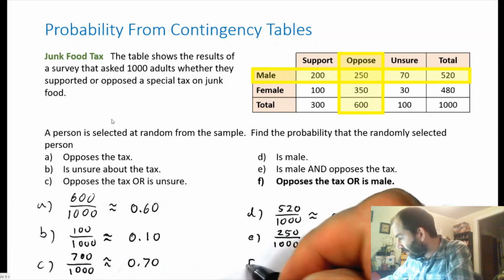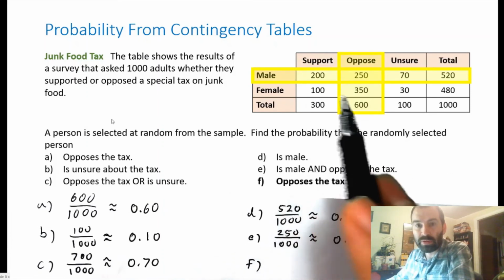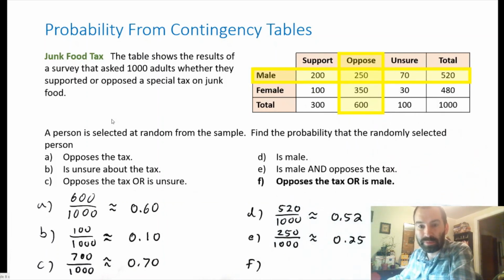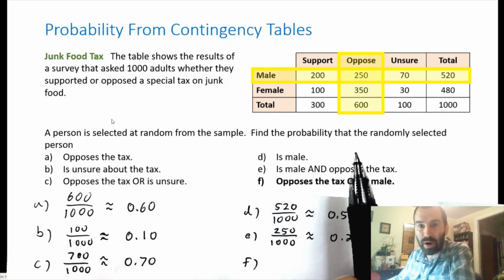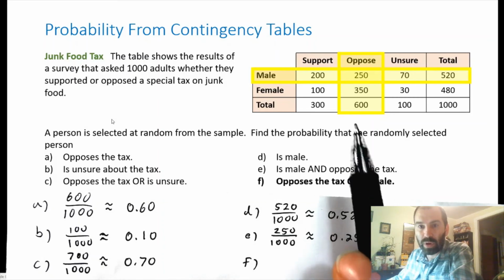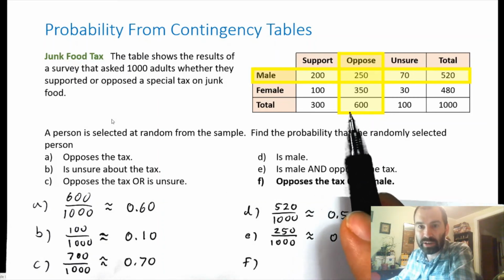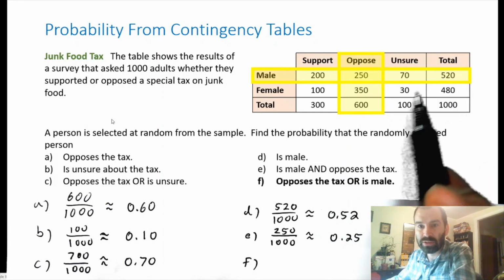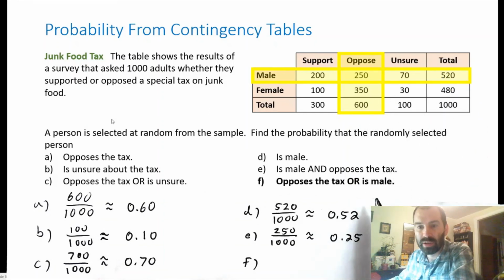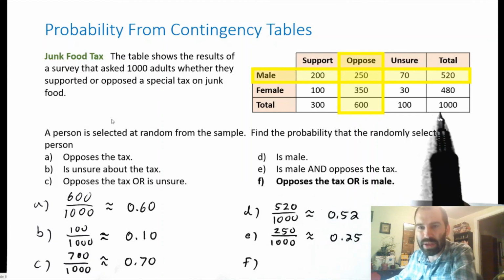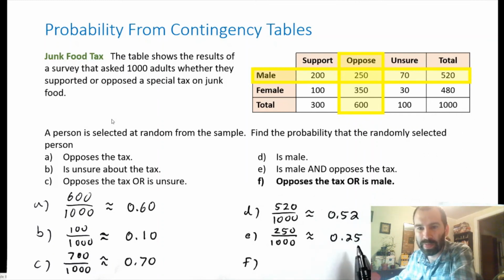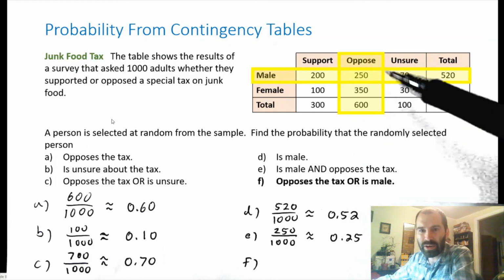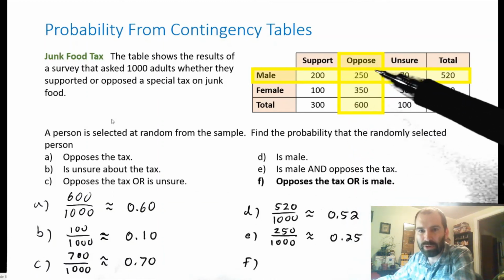Okay, so in F here, we are one of this group of people. How many of them are there? Well, you might say, there's 600 here in this column, and there's 520 in this row. So there's 1,020. But wait a minute. How can that be? There's only 1,000 total people. What did we do wrong? Well, when we counted this column, we counted the 250 here.